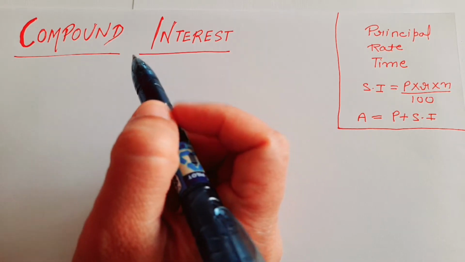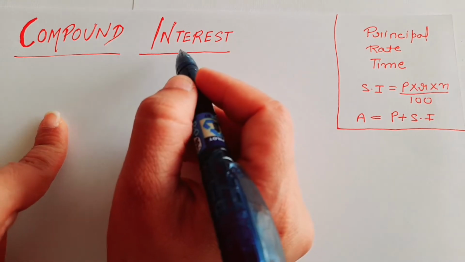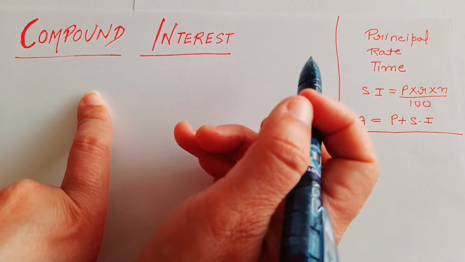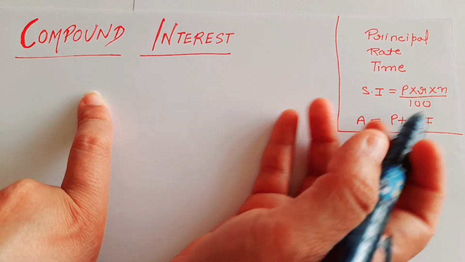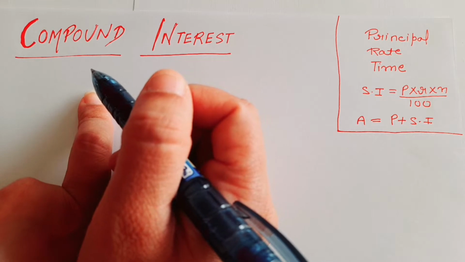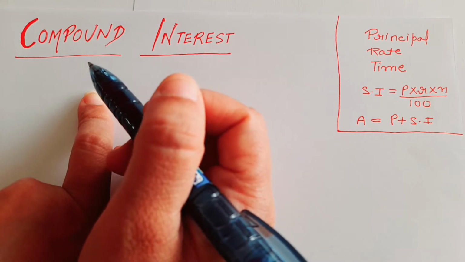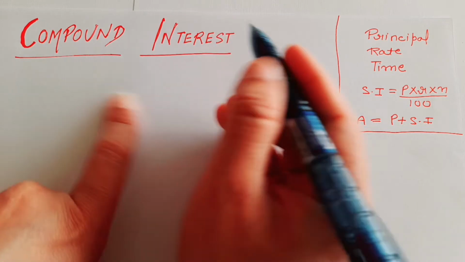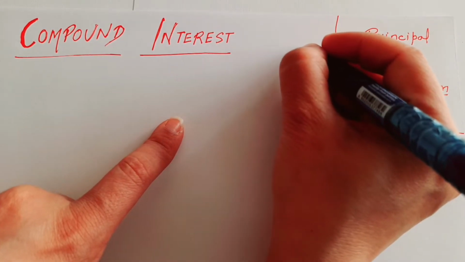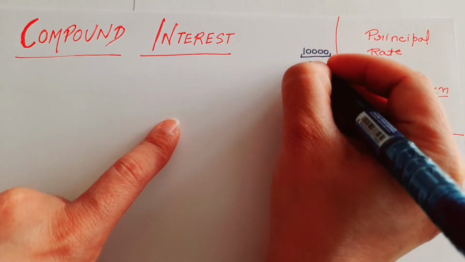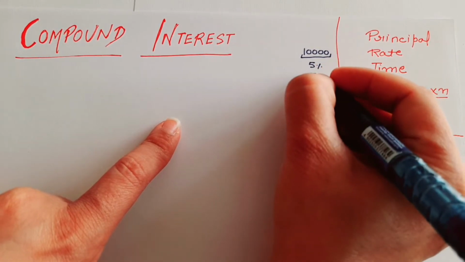When we are talking about compound interest, the procedure is the same. We are returning some interest, but here we were calculating simple interest like this. Suppose we are borrowing for 5 years. After 5 years our principal will remain the same. Like, suppose we are borrowing 10,000 rupees from someone at some rate of interest for some years.